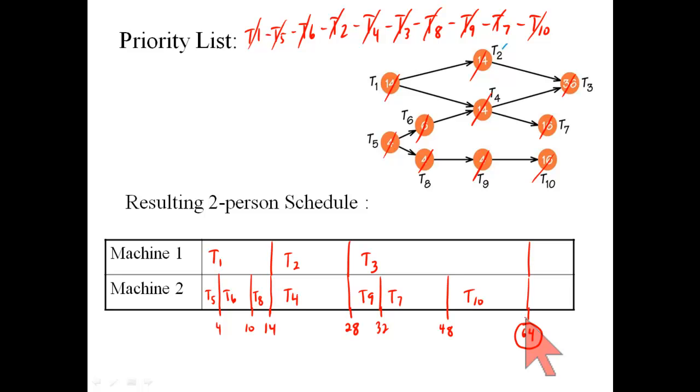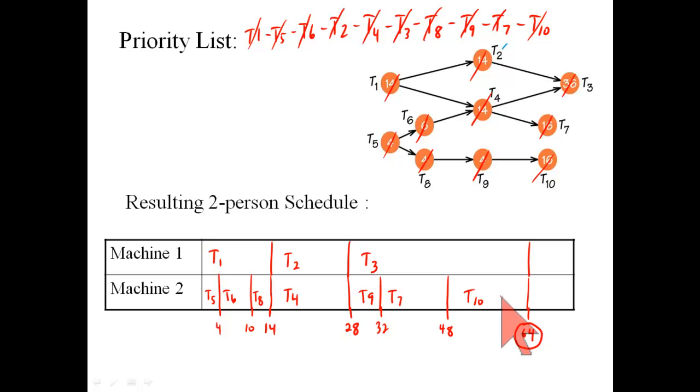Okay, is this good? Well, I look at the schedule and say, would there be another way perhaps to get this job done faster? Okay, I don't think so now because notice that there's absolutely no idle time. The two processors are busy the entire time until 64 minutes have passed.